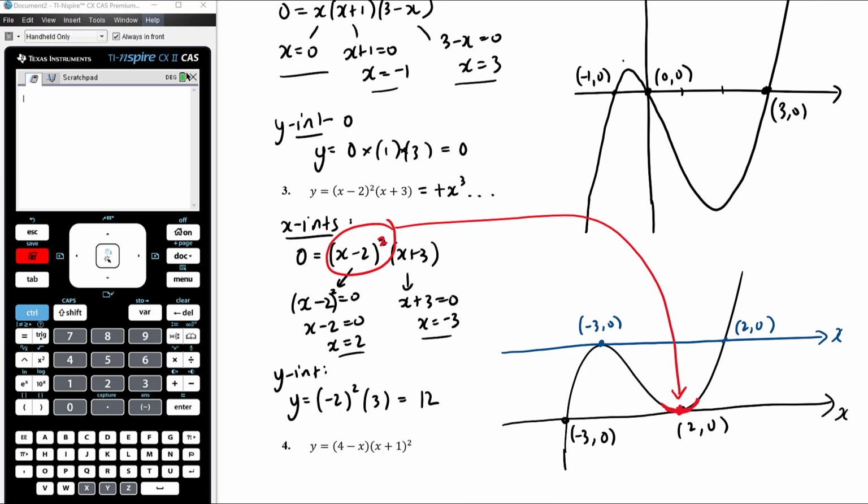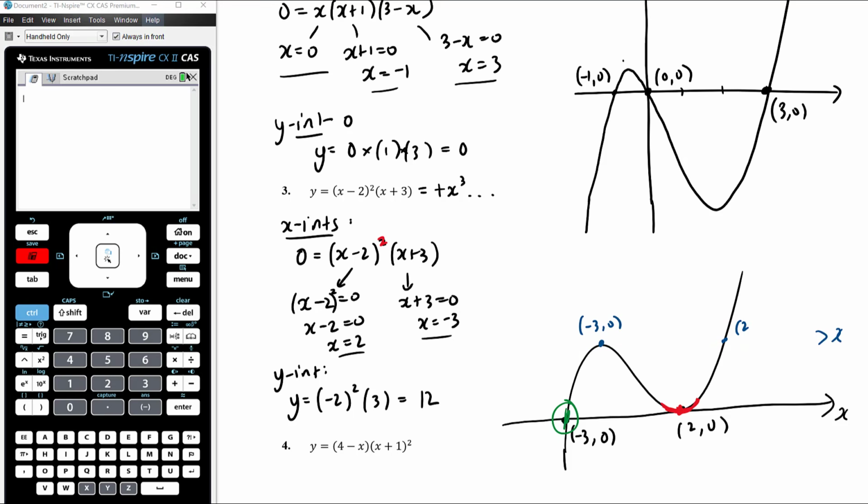Whereas the second bracket, x plus 3, that's only got a power of 1, that's just a linear graph. That looks like a line when we're close to x equals -3. So your factorized form of your equation tells you both about where the x-intercepts are, but also about what the graph shape looks like at those x-intercepts. So actually it is going to be this version of the equation.